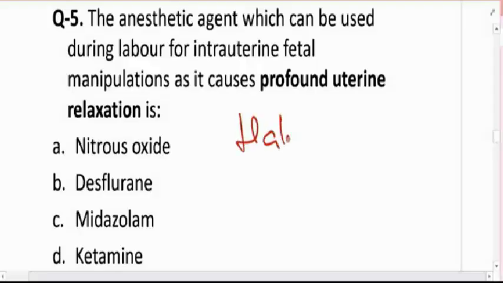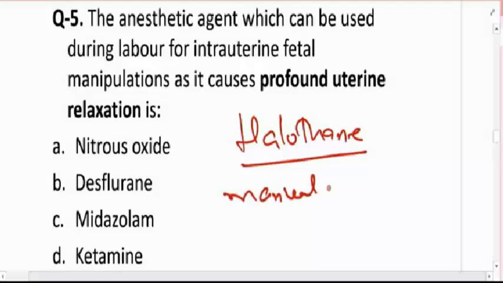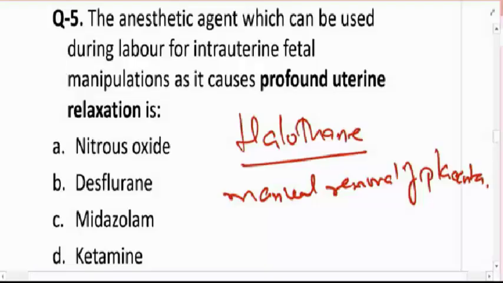Halothane causes maximum, and therefore halothane is also the agent of choice for manual removal of placenta.